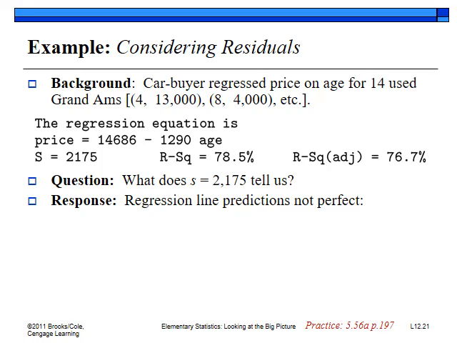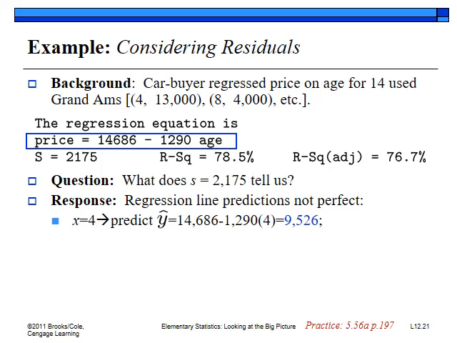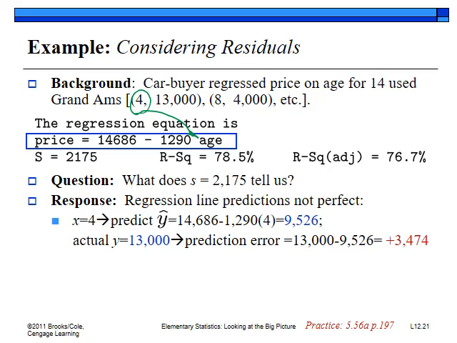Obviously, that one line can't go through every single data point. So, for example, the first data point, 4, 13,000, when you plug 4 from that first point into the age, you get a prediction of y hat equals 9,526. The actual cost was 13,000, so the prediction error is the difference in those, 3,474.